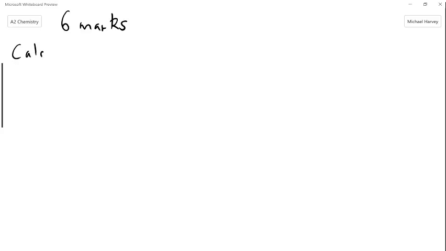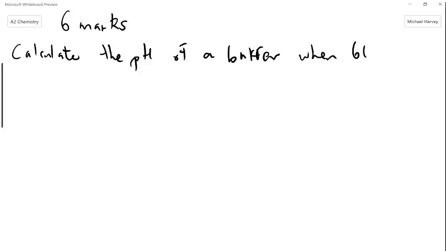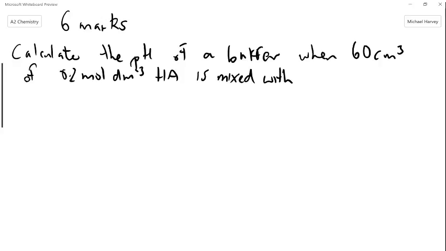So you've got to calculate the pH of a buffer solution when 60 centimeters cubed of 0.2 moles per decimeters cubed generic acid, HA, is mixed with 40 centimeters cubed of 0.01 moles per decimeters cubed hydroxide.